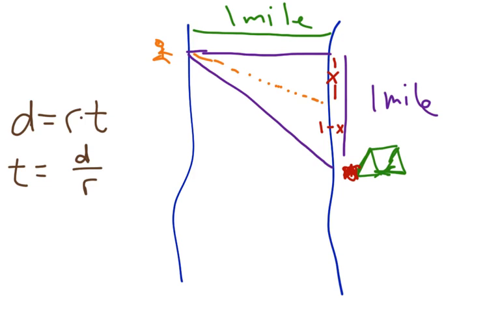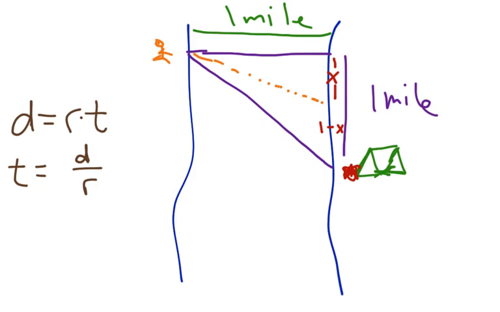So in order to figure out the total time it's going to take to get from where we're starting to the campground, we're going to need the distance that we're traveling for each different swim or walk, and then we know the rate at which we're swimming or walking, and we'll be able to calculate the time for each different piece, each leg of our trip, if you will, and then we'll be able to total those together, and that will give us the total time necessary to do this.